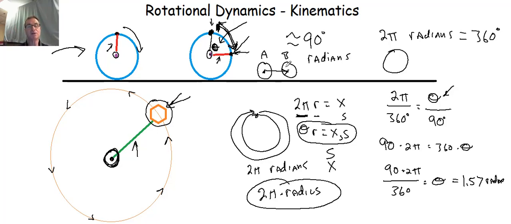How far does your bicycle wheel actually move? Well, if your tire rotates one entire revolution, which would be 2 pi radians, right? So the circumference of the wheel would have traveled 2 pi times your radius, right?